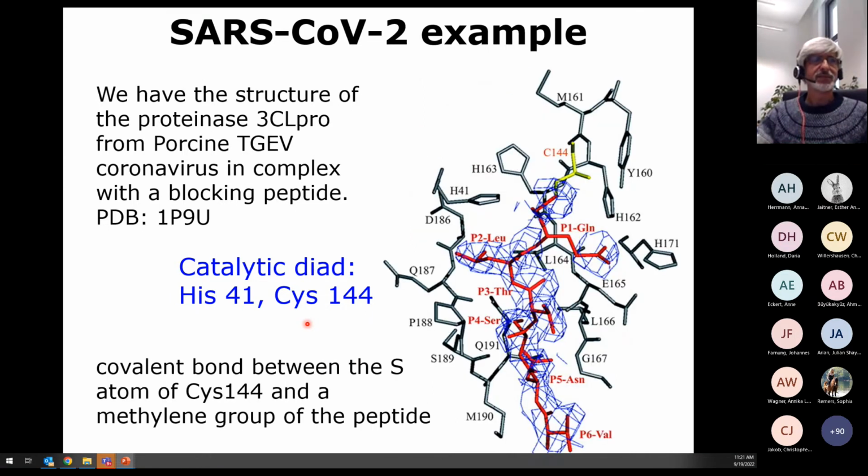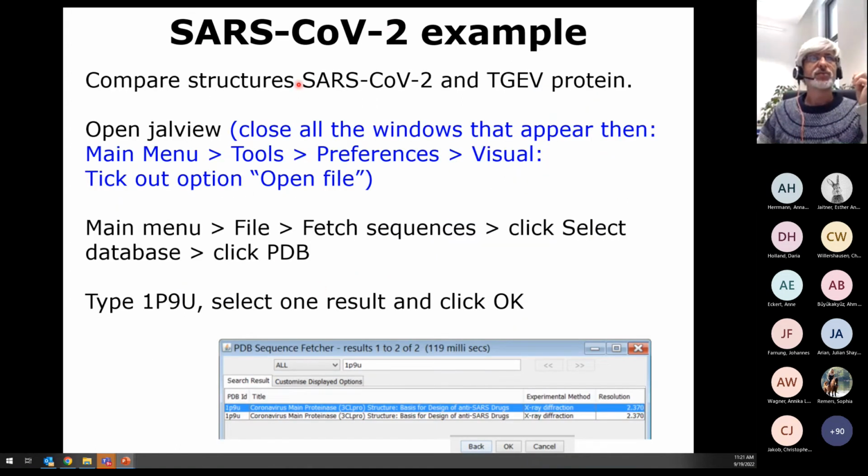And so the idea would be to compare the structures of these two SARS to see if the catalytic center is the same.